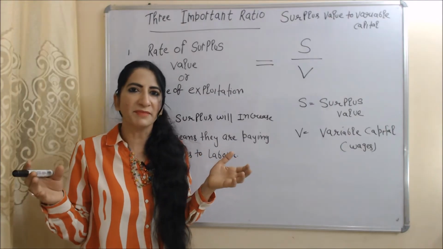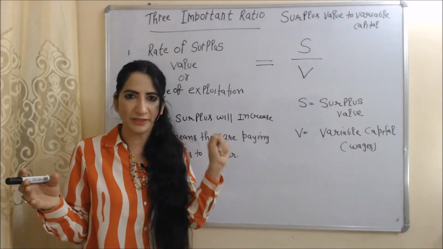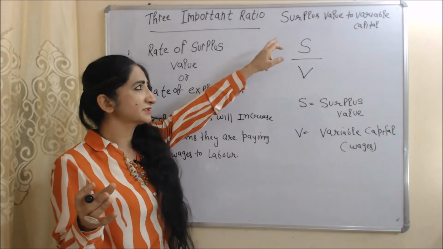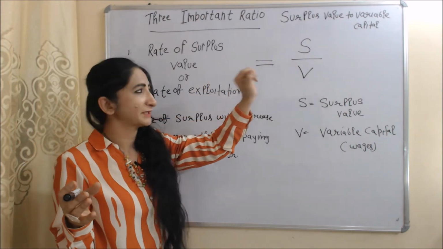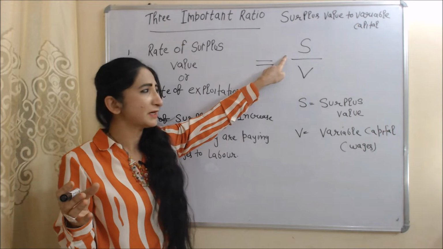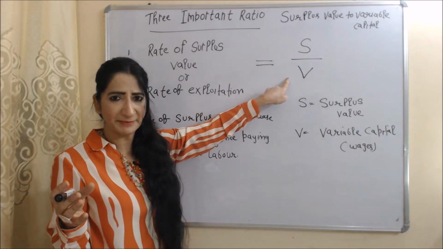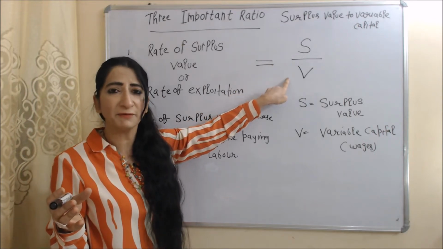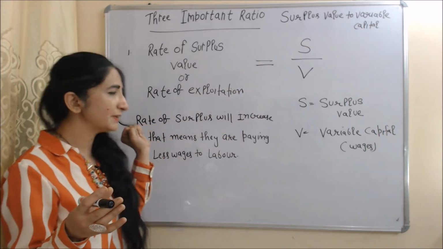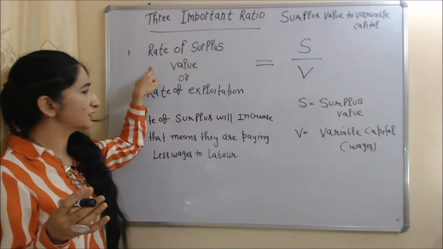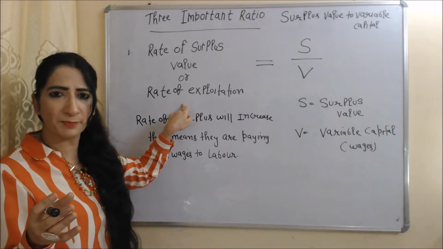In this theory, Marx talks about three important ratios. First is surplus value to variable capital. Here S is surplus value, V is variable capital, or we can say V is the wage rate. This ratio is called the rate of surplus value, or we can say the rate of exploitation.